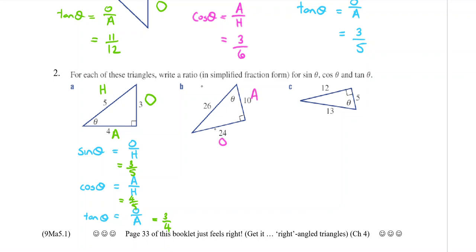It's the O, and the 26 must be the H. Good. So let's see if we can write down sine theta, which is O over H. What does that equal? Cos theta, which is A over H. What numbers is that? And tan theta is O over A. What does that equal?